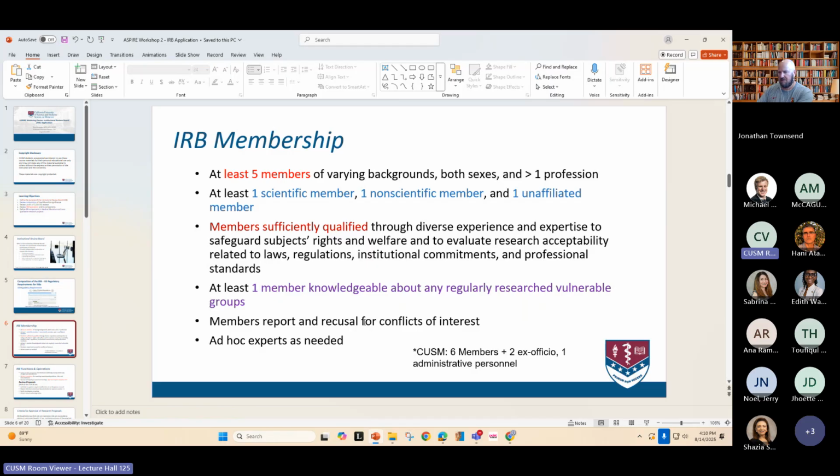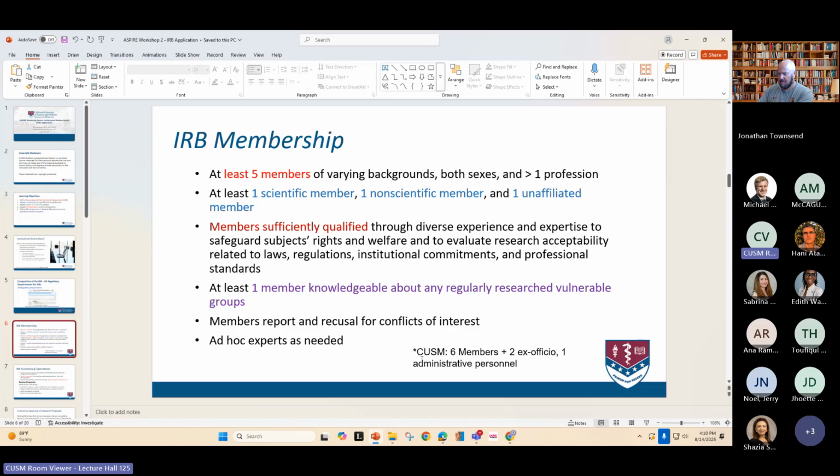Having worked with those individuals before, or currently working on a project with them, are very good reasons to excuse themselves from those reviews. Also, the IRB can invite ad hoc experts as needed, in case they need alternate perspectives or alternate experience in order to review specific applications where another perspective is required.